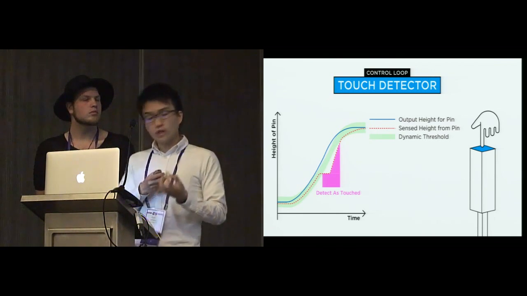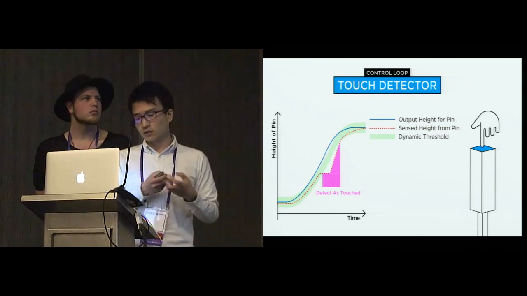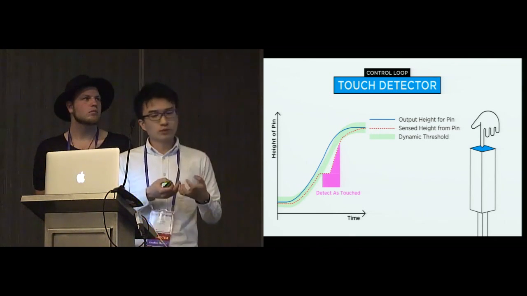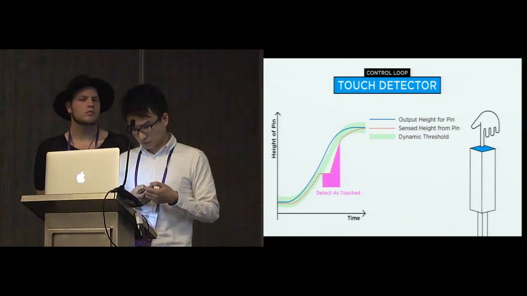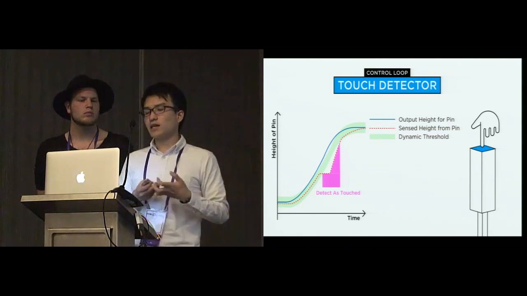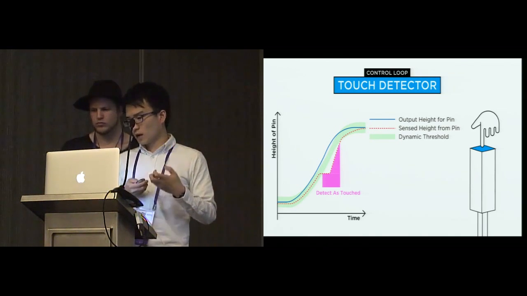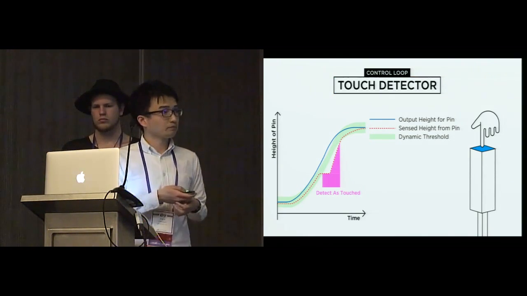Then when the input value is out of this range or threshold, the algorithm defines this as a touch detection. Then this detected touch data is sent to the material emulator to apply deformation in the rendered material.